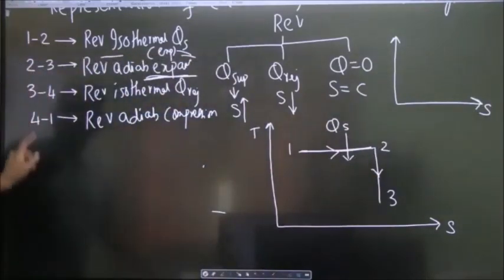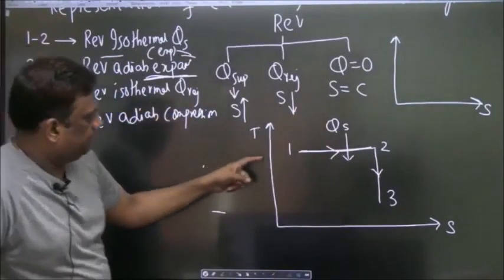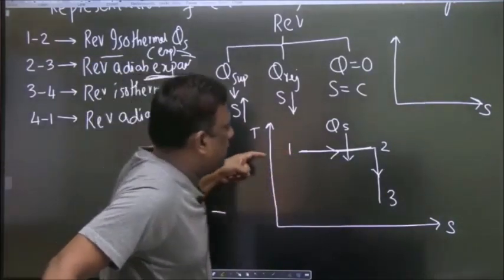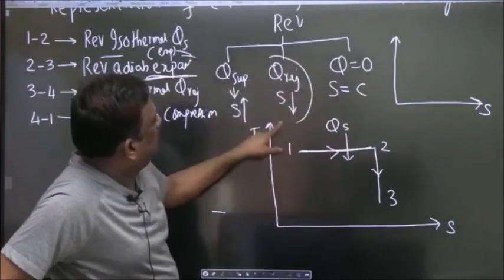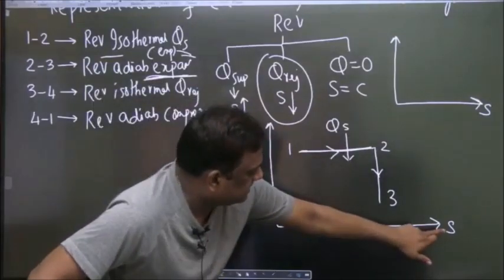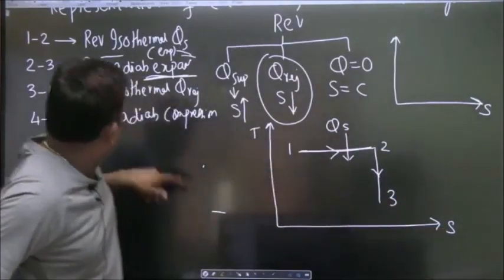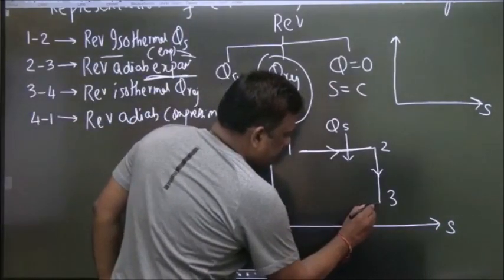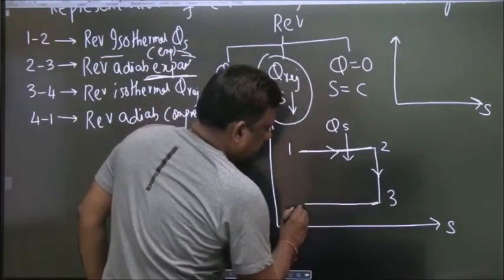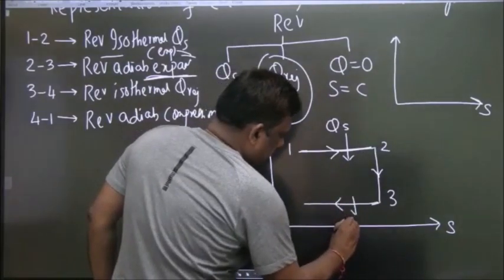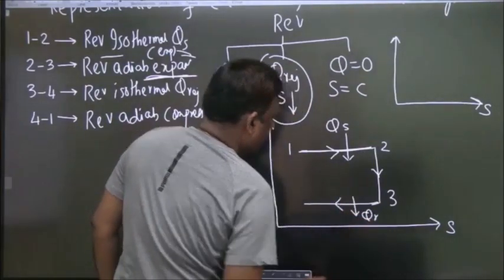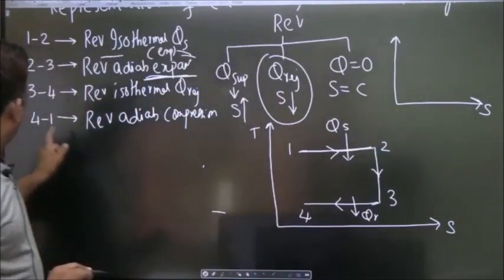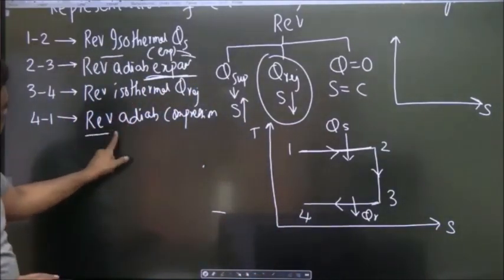Okay. Now, 3 to 4, isothermal rejection. Isothermal is horizontal on TS. Heat supply, entropy increases; heat rejection, entropy decreases. On the x-axis you have entropy, and entropy decrease means the left side. Isothermal heat rejection. Very good. Now, 4 to 1, reversible adiabatic.